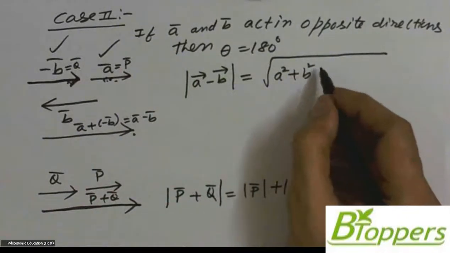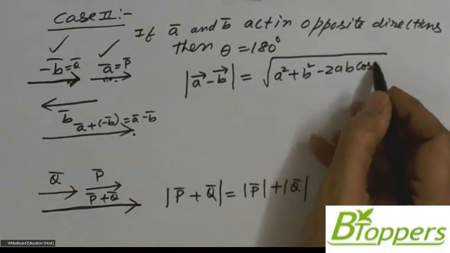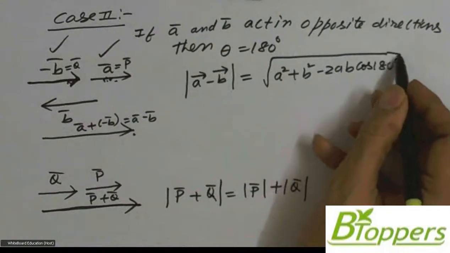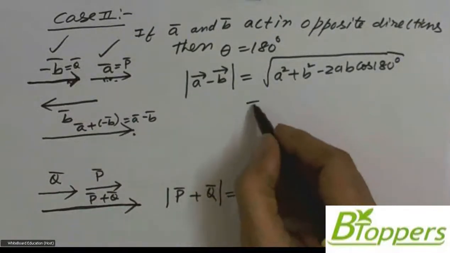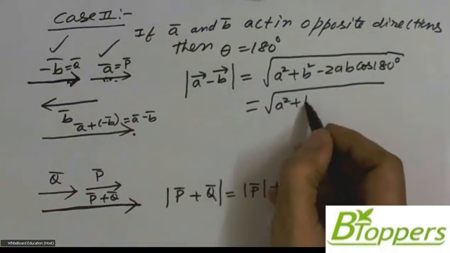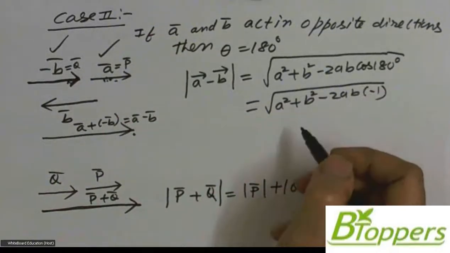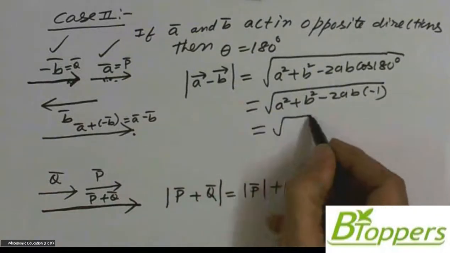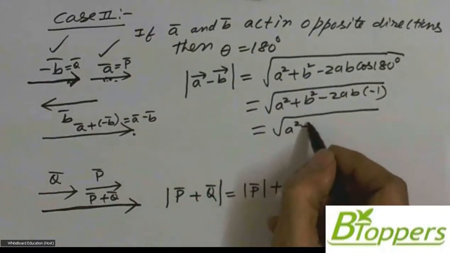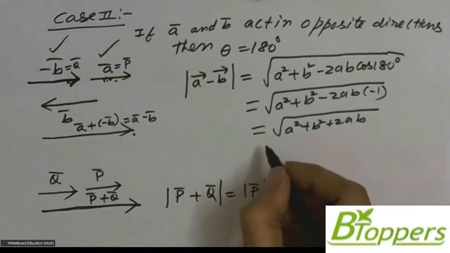Mod of a bar minus b bar equals root of a square plus b square minus 2ab cos theta. In this case, theta is 180 degrees. The value of cos 180 degrees is equal to minus 1. So you get root of a square plus b square plus 2ab.